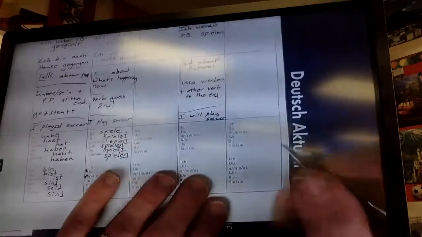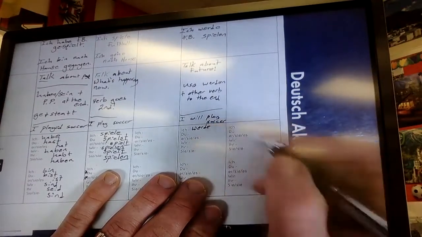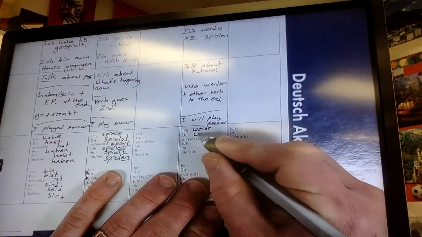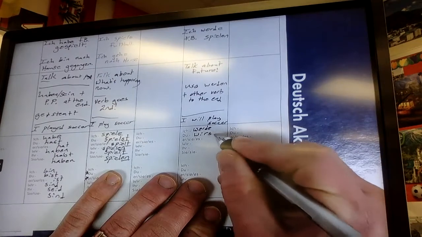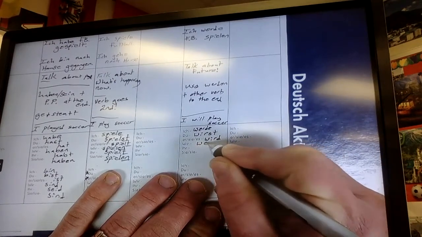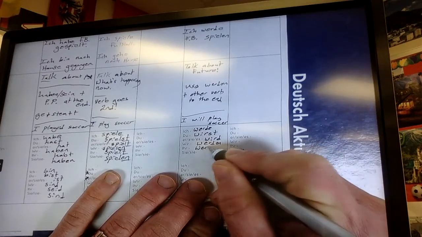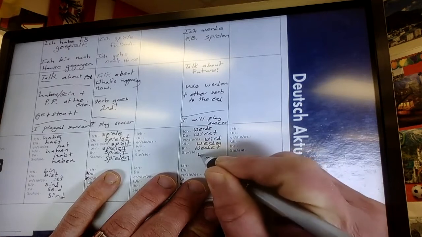Okay, down here, let's conjugate werden and try and get this thing cooked before we all die of boredom. Ich werde, du wirst, er/sie/es wird, wir werden, ihr werdet, and sie werden.